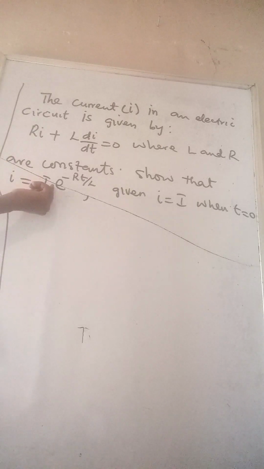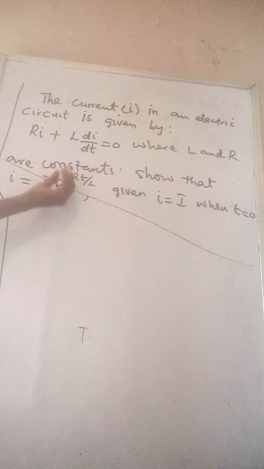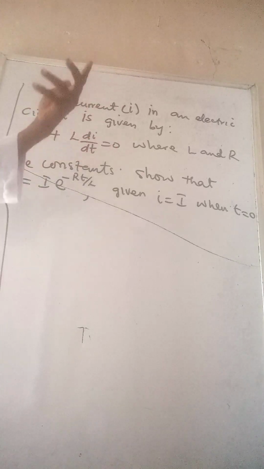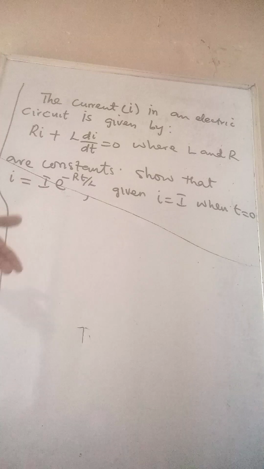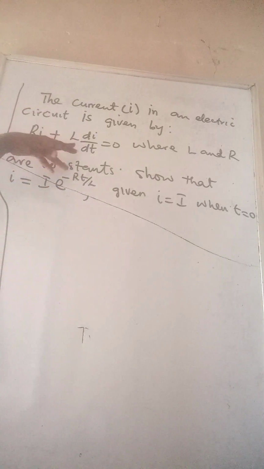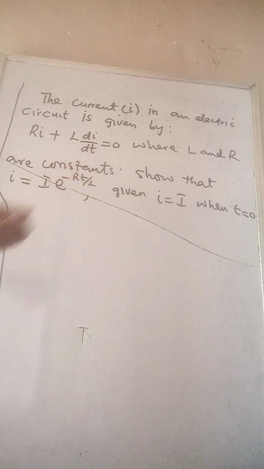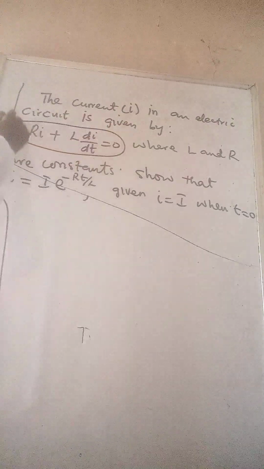Show that current I equals capital I, which is the current at a particular time, times exponential negative Rt over L. According to the knowledge of electricity, R is the resistance, I the current, L the inductance, and t is time. So if you look at this equation given, it's a differential equation.